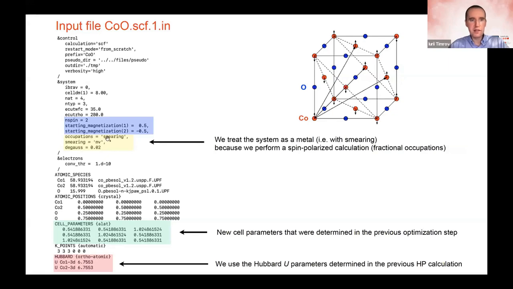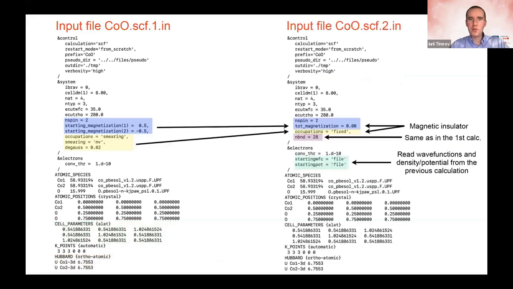All the rest stays the same. Atomic positions we don't change because it's essentially the same. There was some numerical noise, we can simply neglect that. But in general, atomic positions must also be updated. With this new input, we converge to the new ground state. But there is a technical aspect here which is very important.